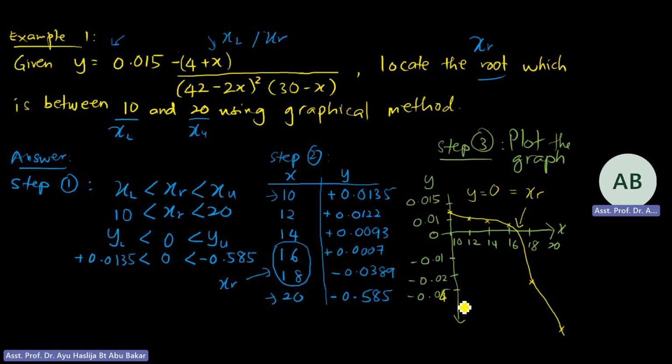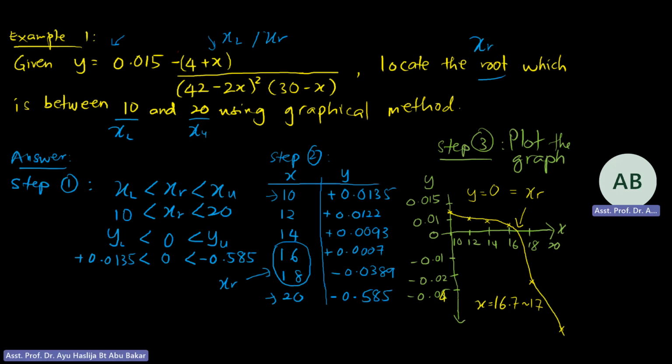Some of you mentioned XR can be 16.7 up to 17. Okay, so for graphical method, your XR value may vary according to the graph that you plot. As long as it is in the range, your answer can be accepted.